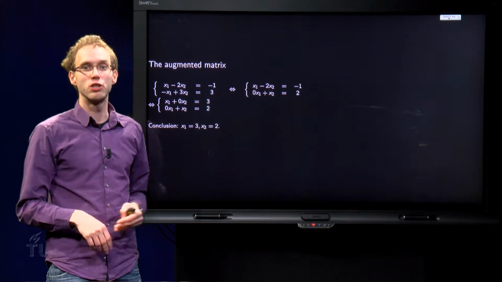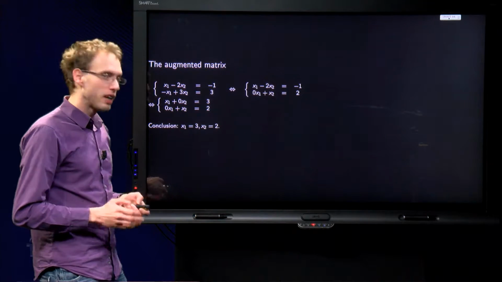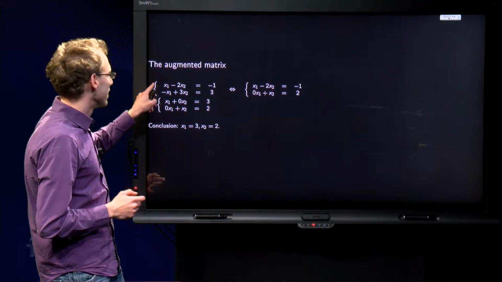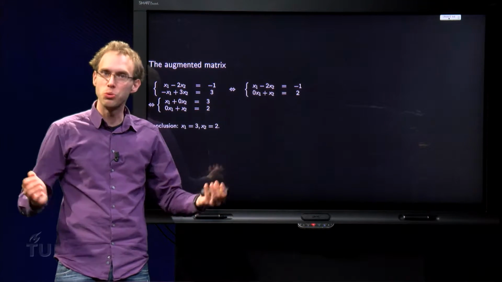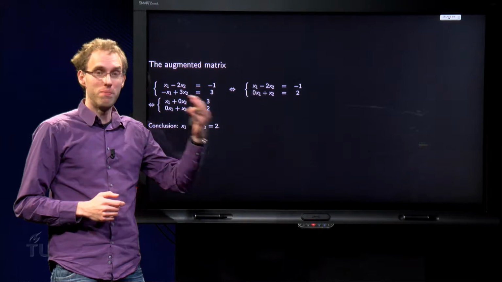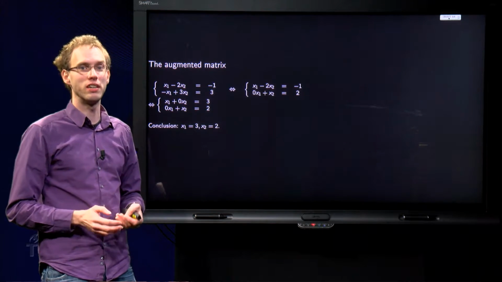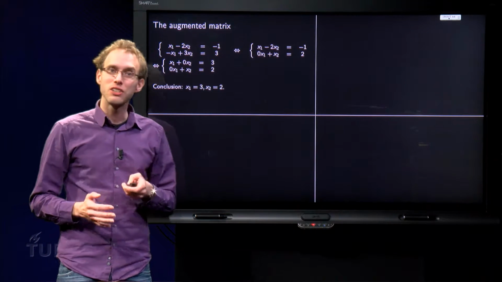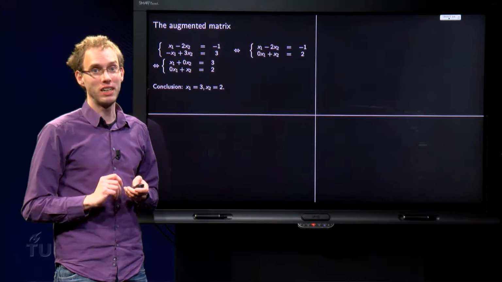So that was our small linear system. And if you have such a small linear system, it's not such a big deal that you're copying all the time the x1s and the x2s. However, you can imagine that as soon as you have 5 equations and 10 variables, it becomes really a nuisance. So let us introduce a shorthand notation.